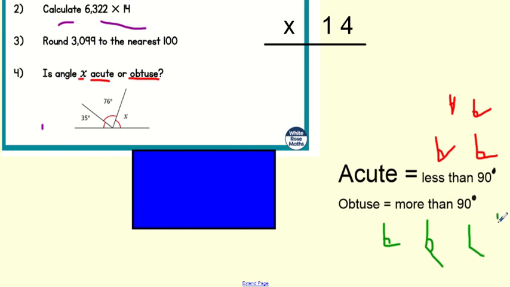It might be something like that. Now you'll notice that it's less than 180. So it's more than 90, but less than 180. So we want to know, is this an acute angle, less than 90 degrees, or is it obtuse, more than 90 degrees, but less than 180?